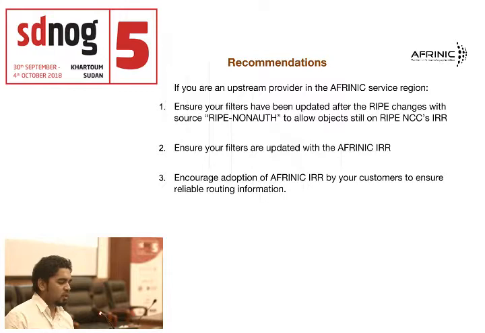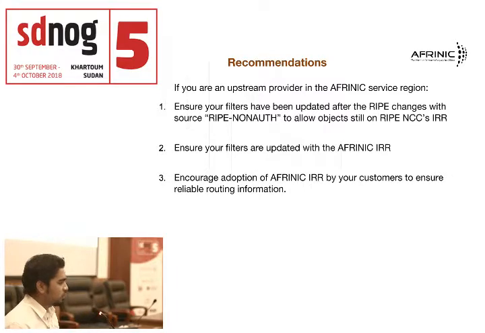And now if you're an upstream provider within our region or any of the other regions, just ensure that your source is not only RIPE, and that it is actually accepting RIPE non-auth. Or if you don't want to accept it, you can ask your customers to go and create the route objects correctly.